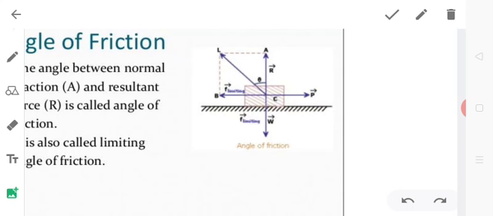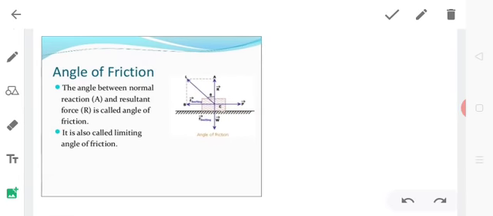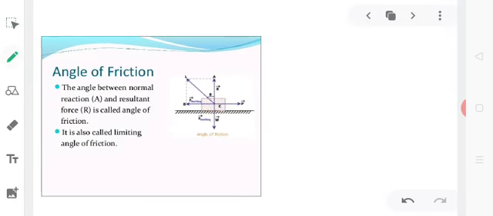Now we need to complete the parallelogram CALB and then join CL. This represents the resultant of normal reaction and the force of limiting friction. So by definition, angle ACL is equal to theta, that is the angle of friction.